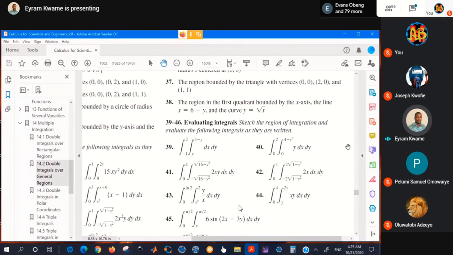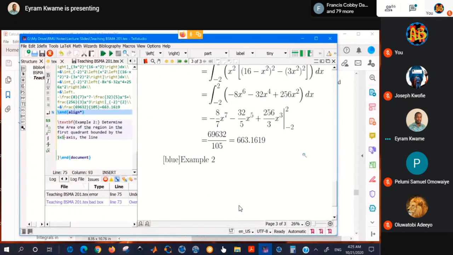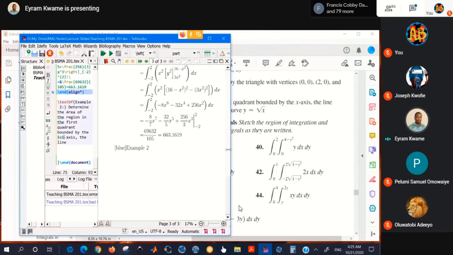Exercises the line. I want to be able to see this.